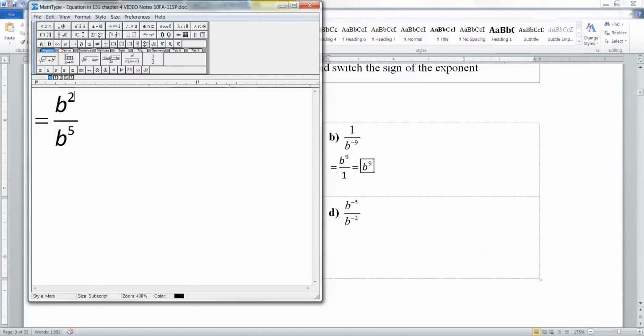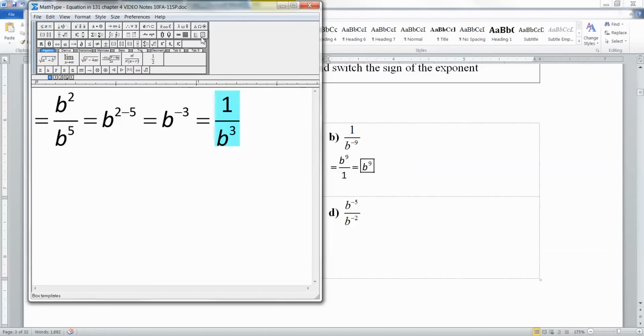B to the negative 2 was on bottom, so now you put it on the numerator and get rid of the negative there. Now, unfortunately for you, you are not done. You have to simplify this a bit. So this is b to the 2 take away 5, which is b to the negative 3. But you're not allowed to leave a negative exponent. That's not simplified, so you've got to write 1 over b to the 3.